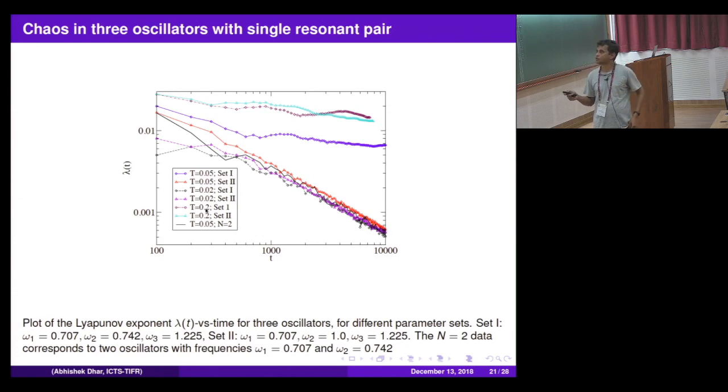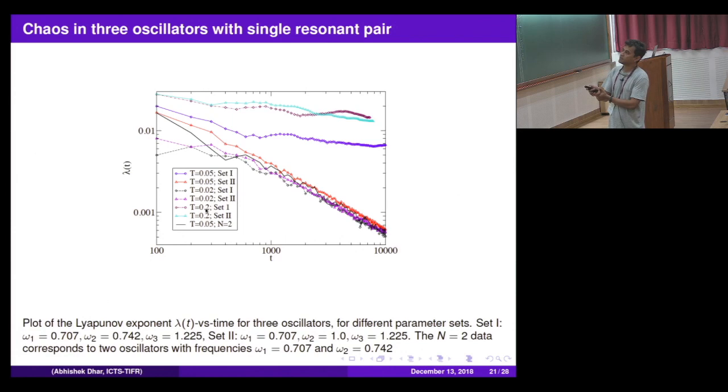Looking at the red curve, set 1 is two oscillators very close in frequencies, and the third oscillator is completely off resonance.